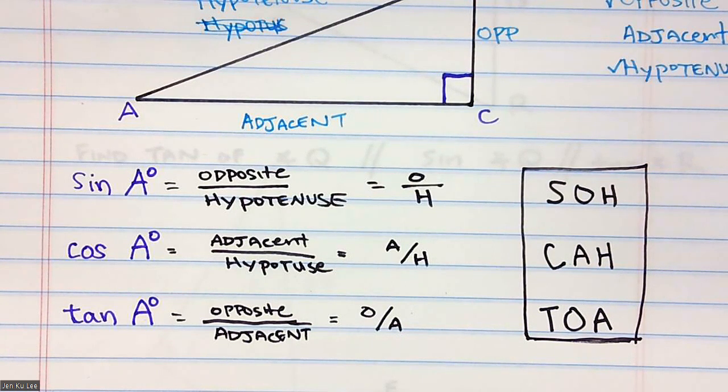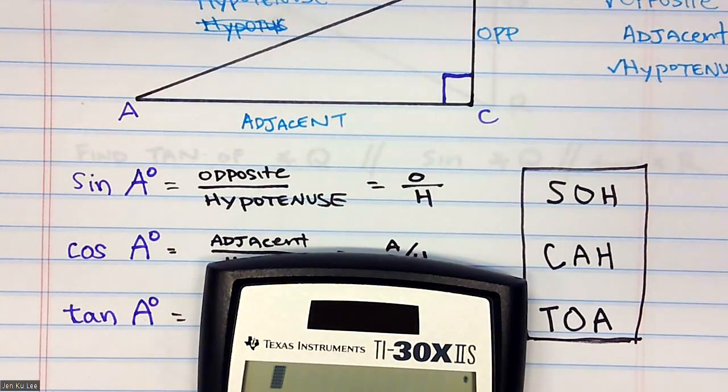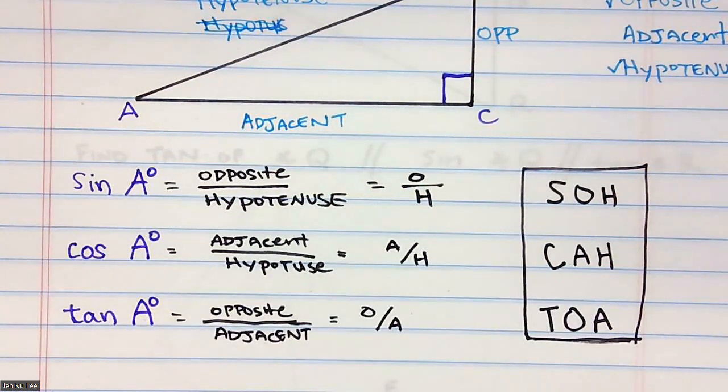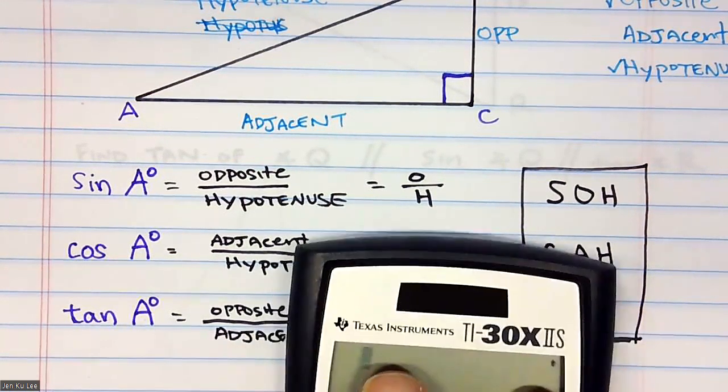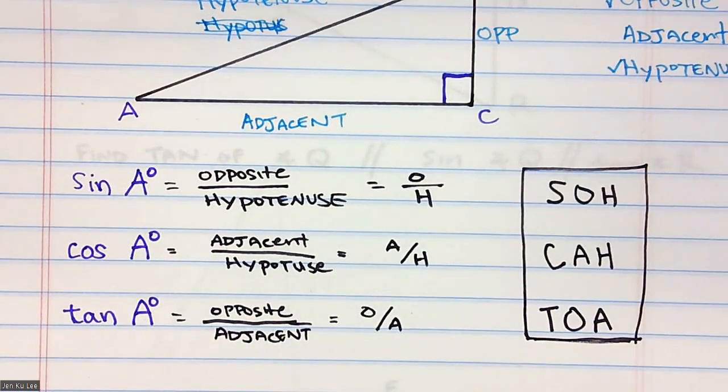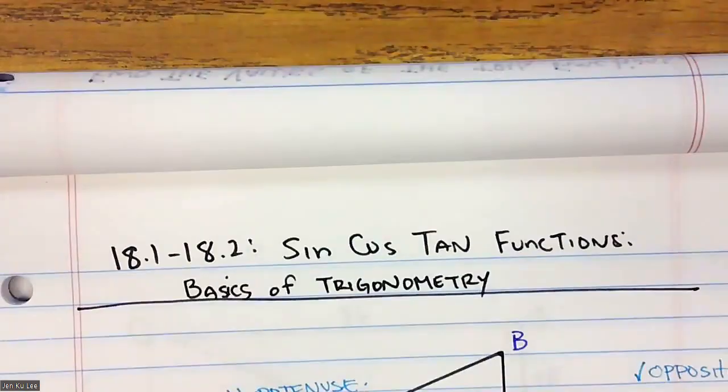But make sure on your iPhone that your phone is turned landscape. The calculator is turned landscape. And I believe your Android phone does that as well. So we're gonna learn how to use your calculator too. So just put that to the side. We're gonna run through some examples.